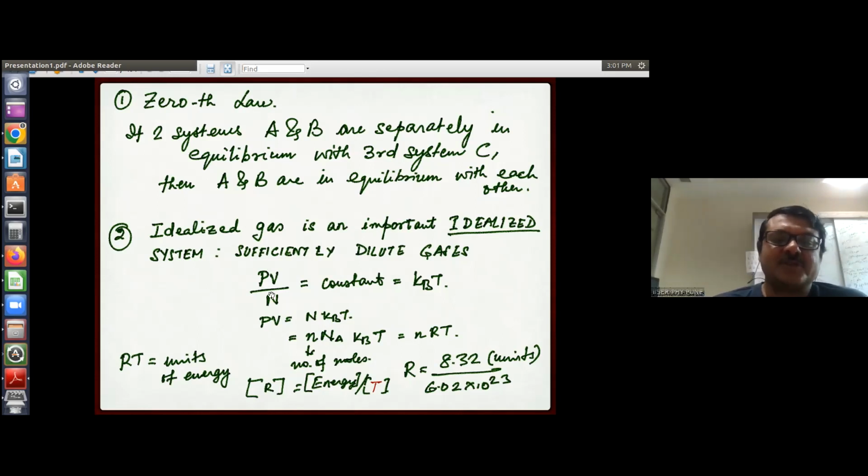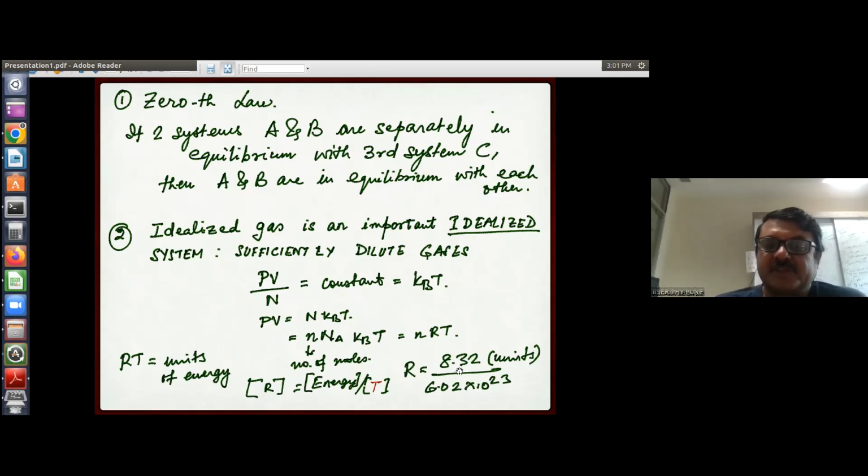Okay, and of course you have seen PV by n equal to constant kBT or nRT and so forth. R, what is R? R was 8.32 for 1 mole of a gas, and Kb is actually R by Na. So this is written wrong.